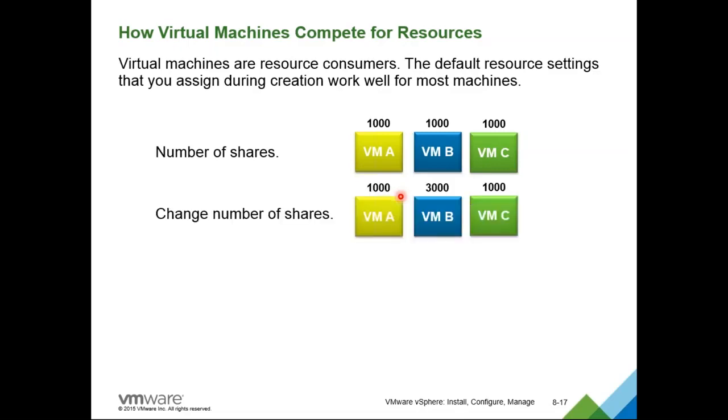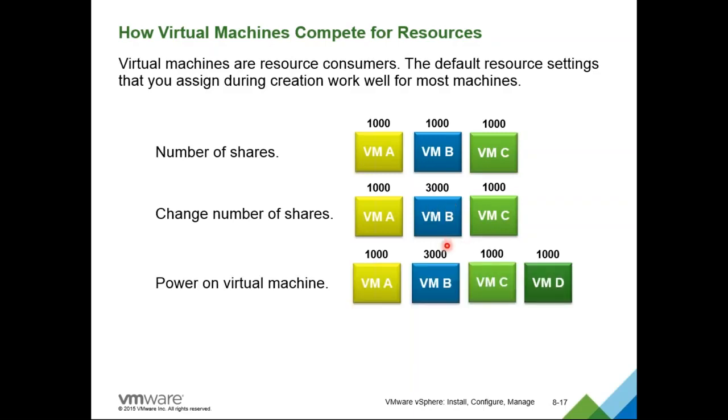And the second one, change number of shares. You can do this post deployment of your virtual machine. You have to customize it. If you observe, in VM B there are 3000 shares allocated.